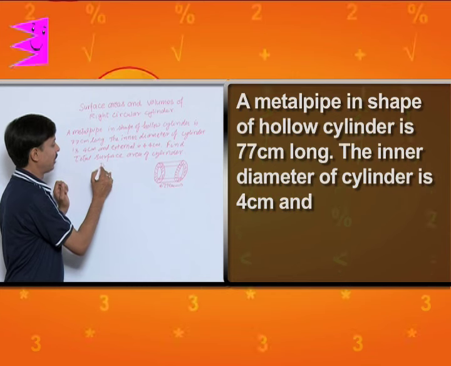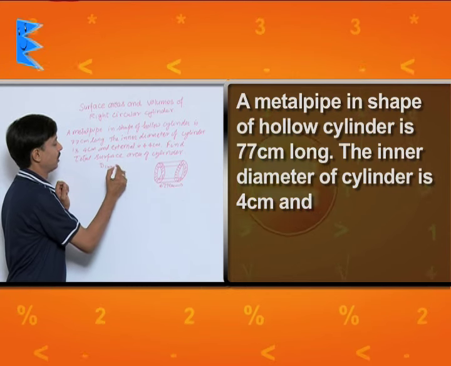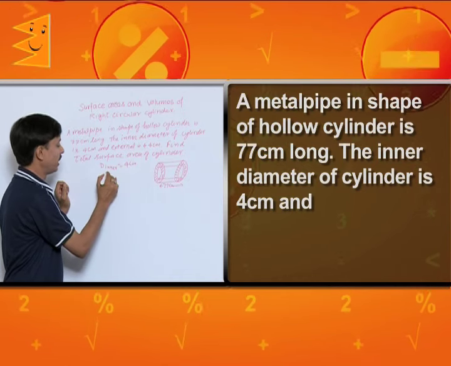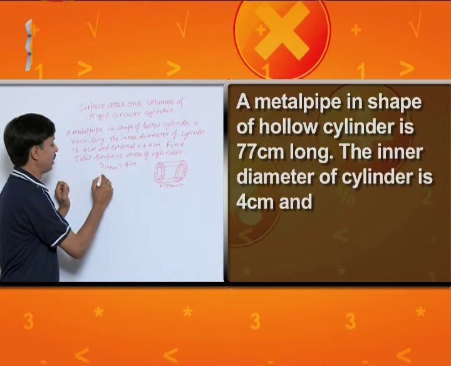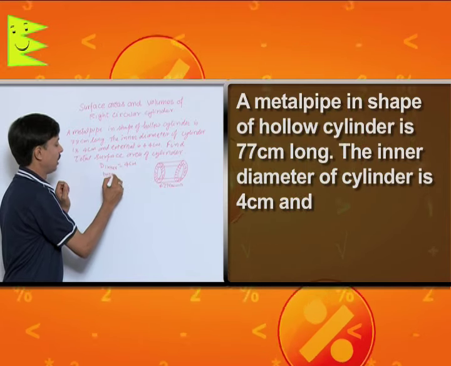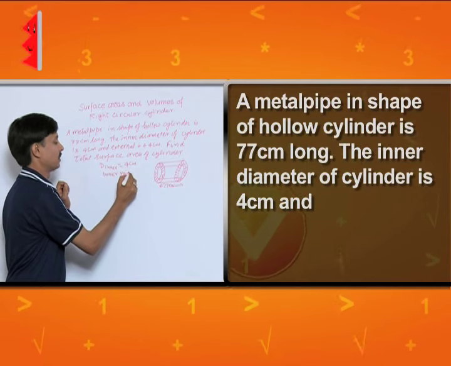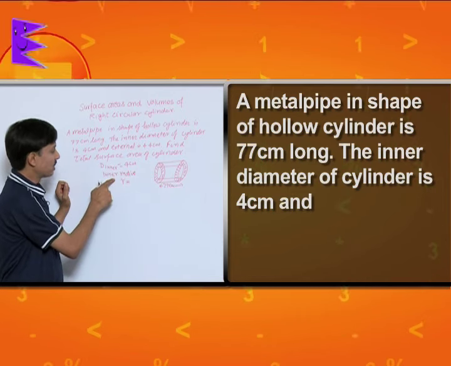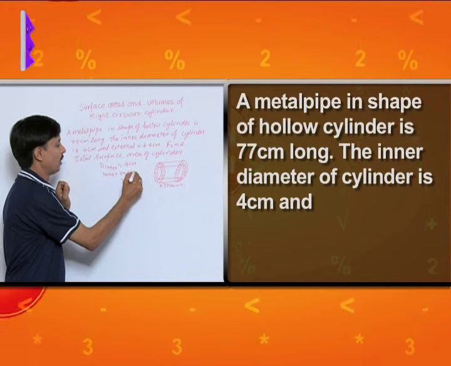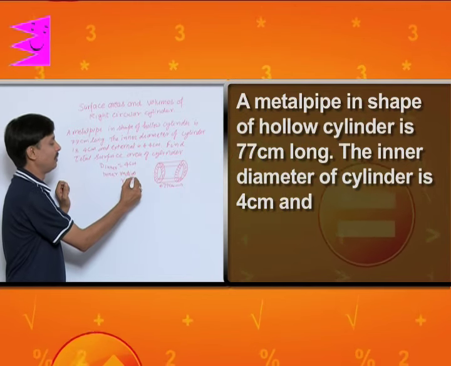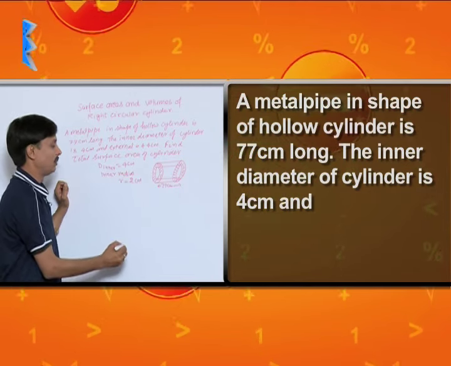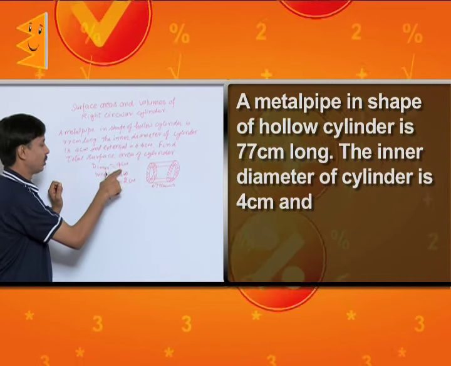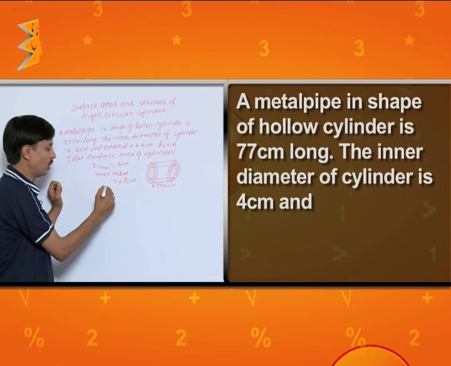So inner radius, which we replace by small r, is half of diameter, so it becomes 2 centimeter.